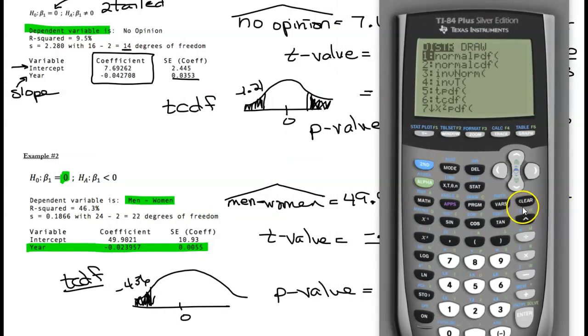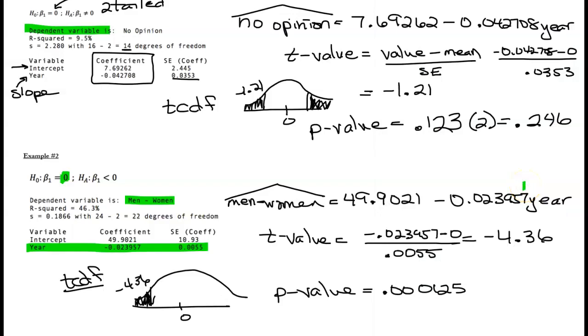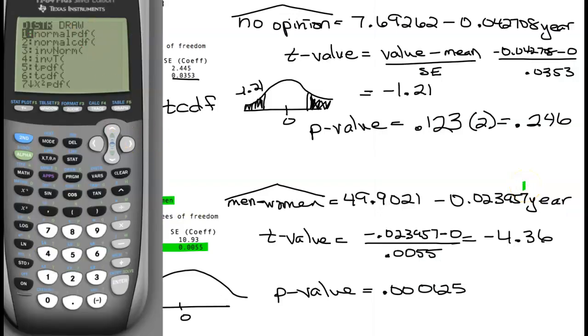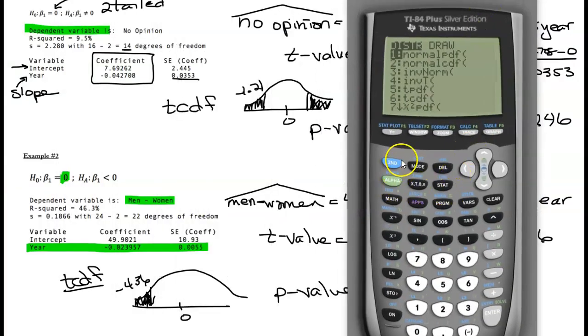And so again, let's do this one more time so you remember. Second distribution, TCDF. And this time my upper is negative 4.36. It says my degrees of freedom is 22.